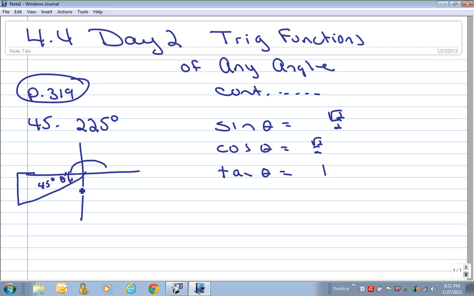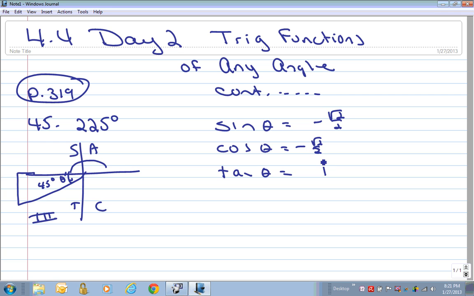Reference angles in the first quadrant are always positive, not true in the other quadrants. So we are in All Students Take Calculus here, and in the third quadrant, tangent and cotangent are positive, so therefore our sine and our cosine value would be negative. And if you don't put the negative, then it would not be correct.